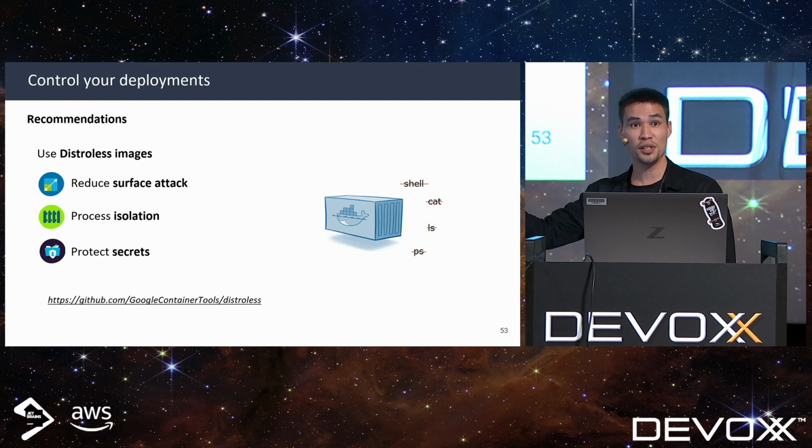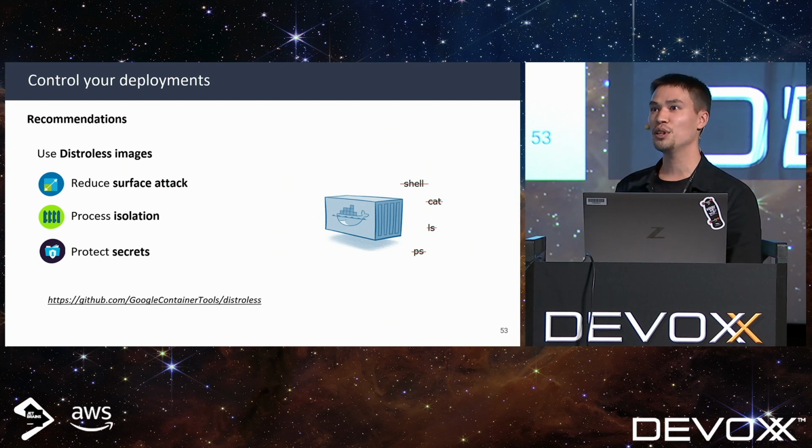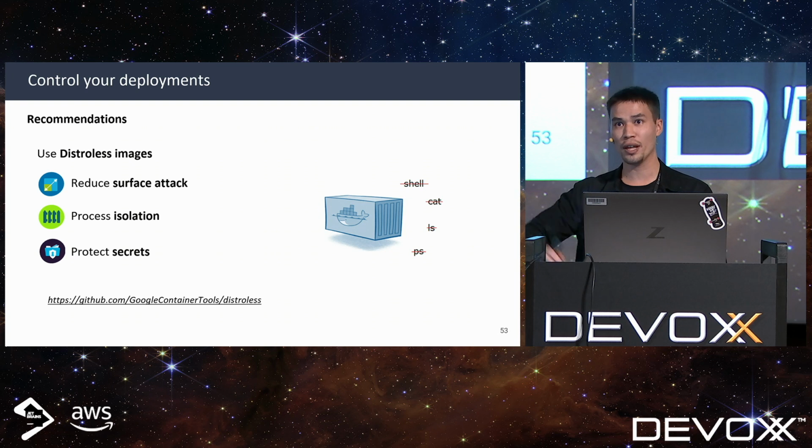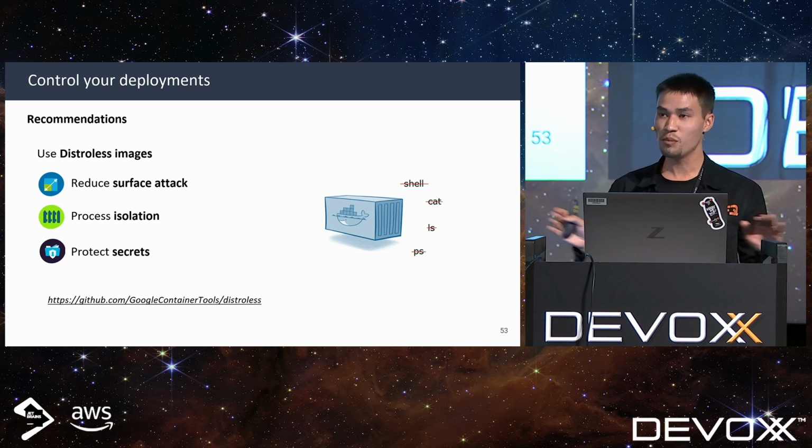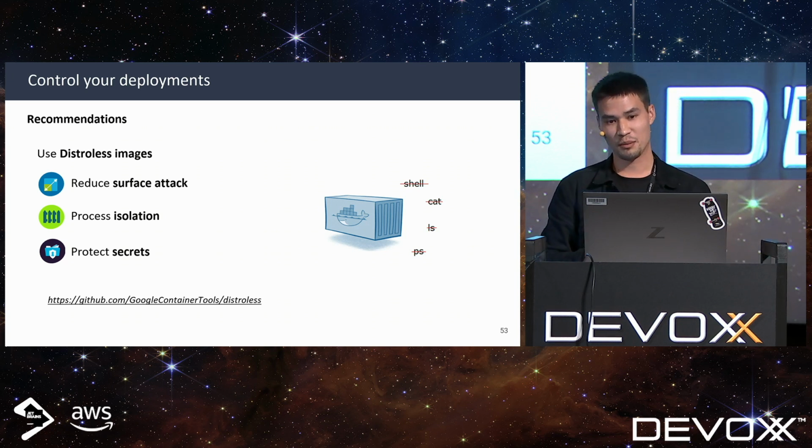If you have a PHP image, there is only the PHP process. There is no shell inside. No cat, no ls, no ps, nothing. The same is happening with Java, the same with Golang. So you only have the proper language runtime, and the rest does not exist.